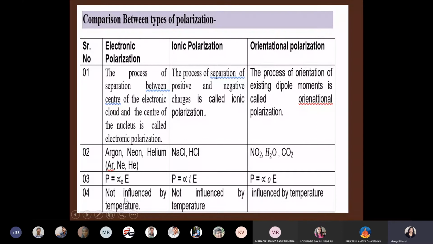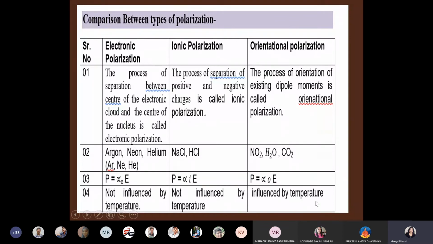But the difference between these is that electronic and ionic polarization are not dependent on temperature. You vary temperature, your polarization will not vary. But when you see orientational polarization, orientation will change because you are giving some thermal energy, and due to the thermal energy thermal agitation occurs, and the randomly fashioned dipole moments may start changing their direction.